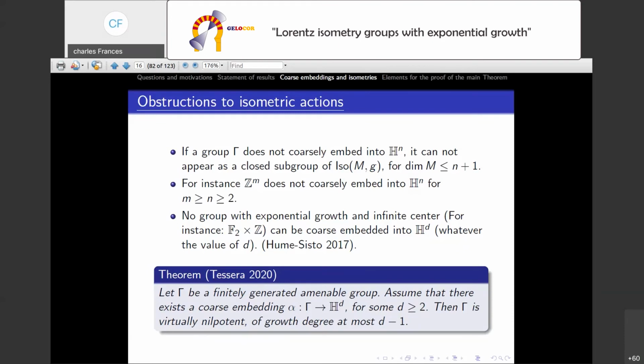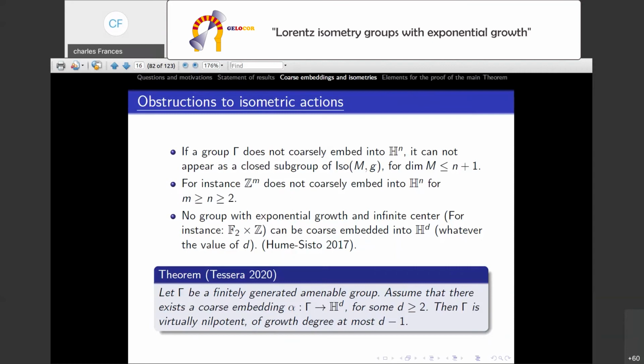I won't define what amenable means, but for instance, any group with sub-exponential growth is amenable. So Tessera says that in this case, actually, the group is virtually nilpotent if it coarsely embeds into some hyperbolic space. Okay, so Tessera's theorem is half of the Tits alternative theorem we mentioned.